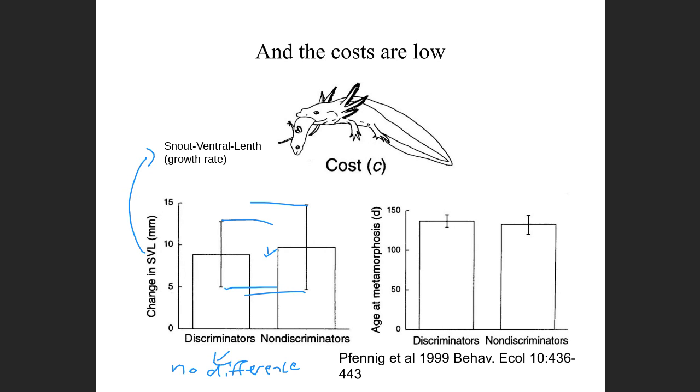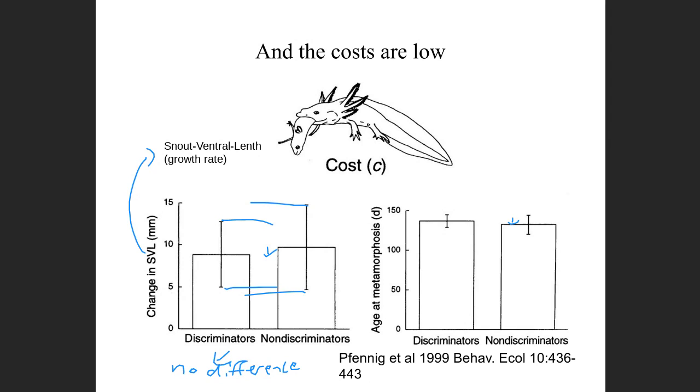in growth rate. And then the other potential benefit is age at metamorphosis. Maybe the faster you grow, the younger you can turn into an adult and start reproducing, and that's a fitness benefit. And again, it's in the right direction. The non-discriminators have slightly younger age at metamorphosis when they turn into adults.